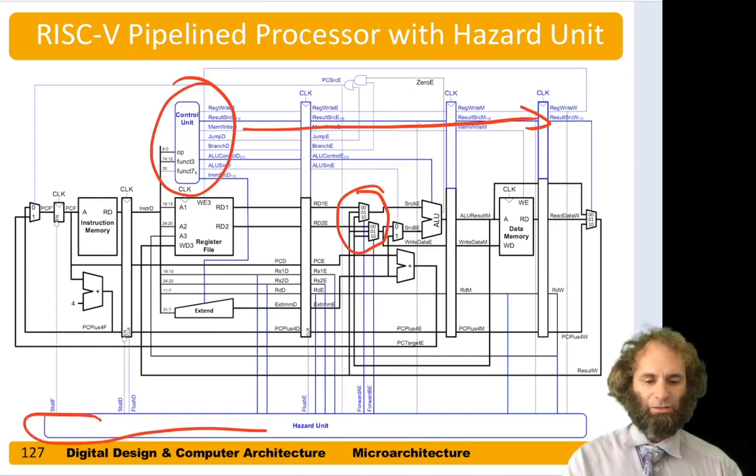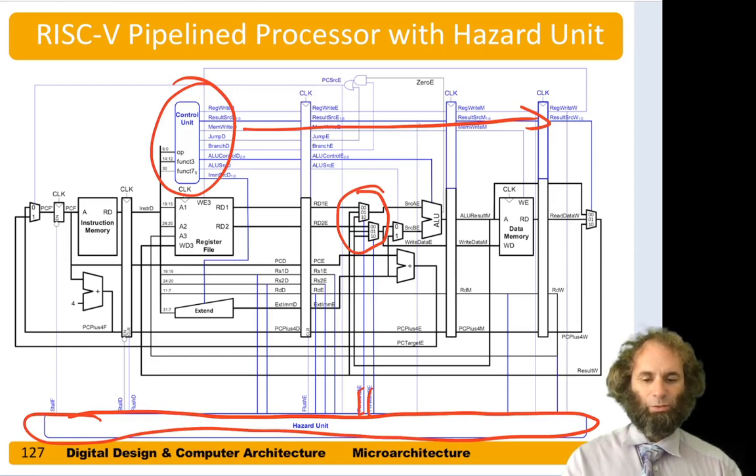And the hazard unit is looking out for hazards. If they can be resolved by forwarding, then we enable the forward muxes to do that. Otherwise, we might have to stall or flush. So we can stall the early stages, flush the execute stage, and if it's a branch misprediction, we also flush the two instructions after the branch.